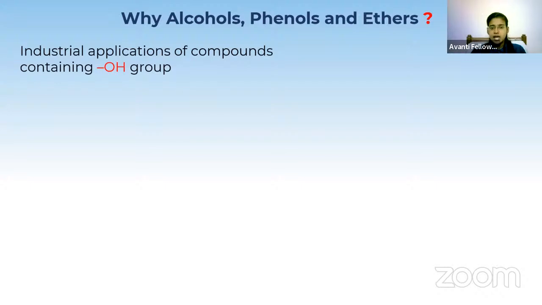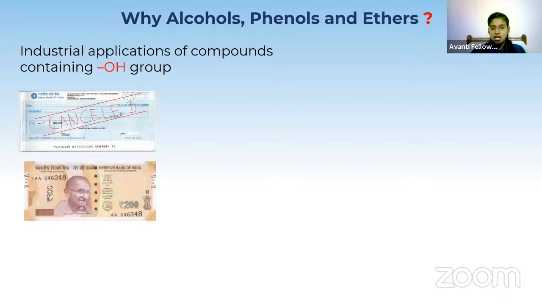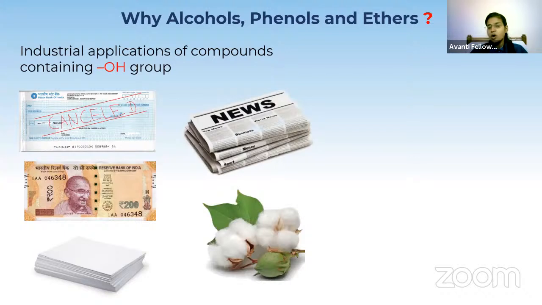For example, the paper prepared for making checks and rupee notes, and papers, cards, newspapers, and cotton. All these materials have the compounds alcohol and phenol.